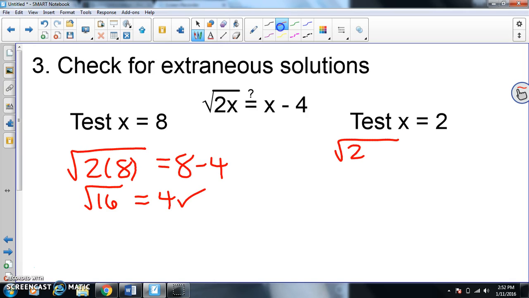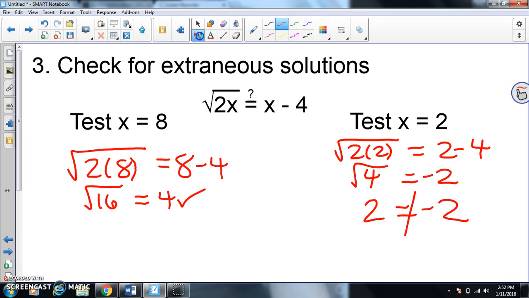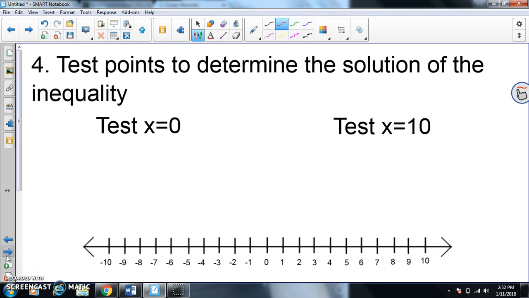Is the square root of 2 times 2 equal to 2 minus 4? 2 times 2 is 4. Is the square root of 4 equal to negative 2? When we are solving radical equations, we only take the positive square root. So is 2 equal to negative 2? No. 2 is not one of my solutions. My only solution is x is equal to 8.